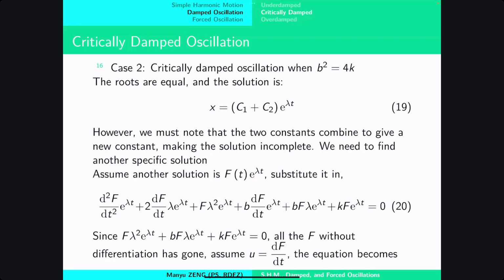We already know one solution of this ODE. It is different from when we do not know any solution. So we must use the solution well. So we assume the other solution is related to this solution, f of t times this solution. Is it better? Because we must use the information that we already got one solution, right?